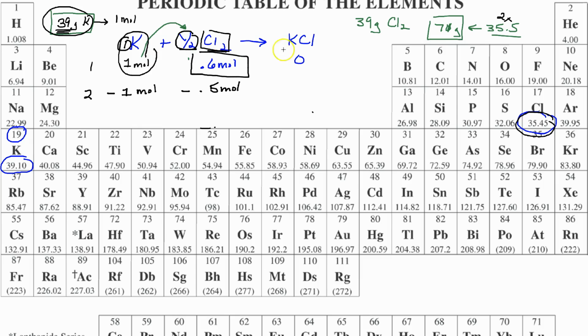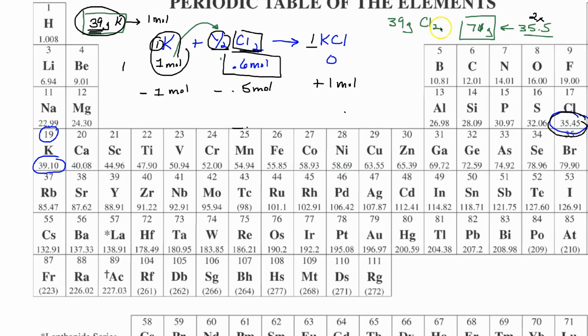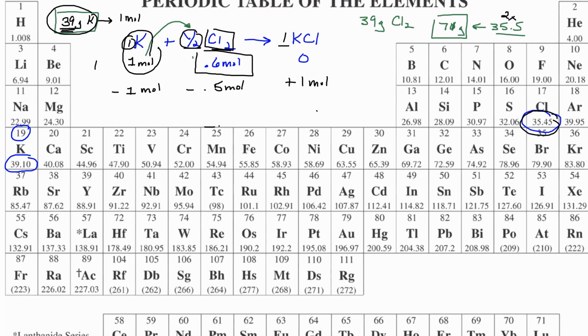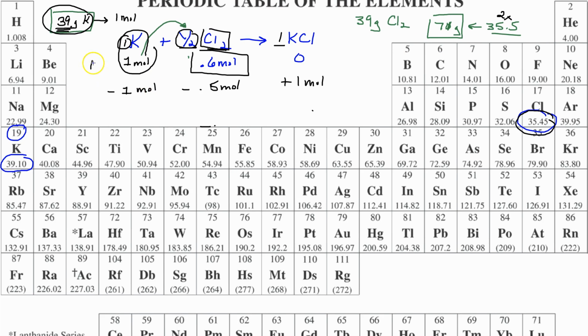And because this KCl has a 1 mole ratio, it's going to be plus 1 mole as well. Okay, so everything's moving. So we have initial, we have the change, which is minus. Remember, this is the limiting reagent, right? Because we have just as much as we need.